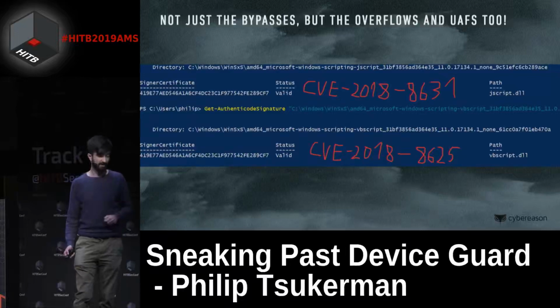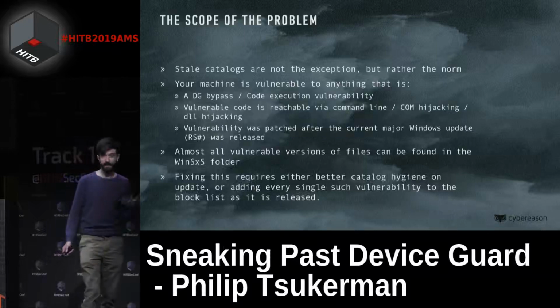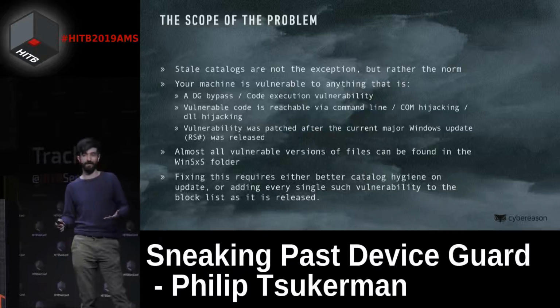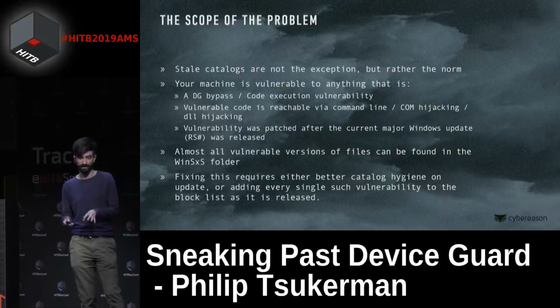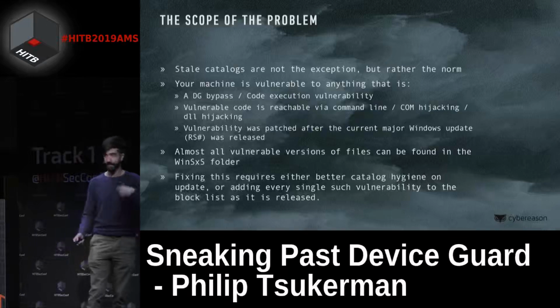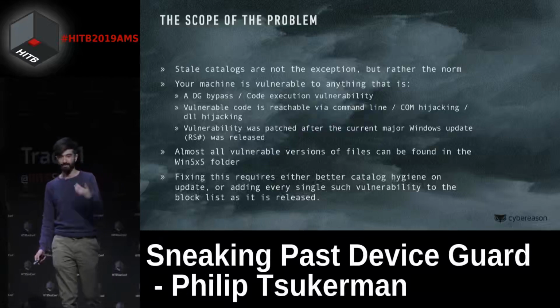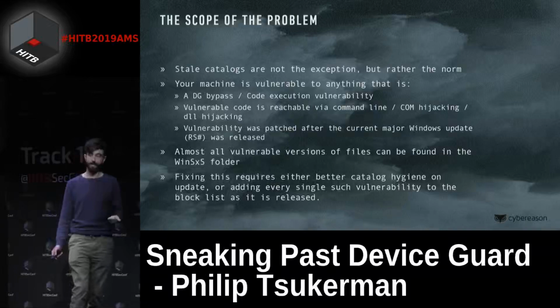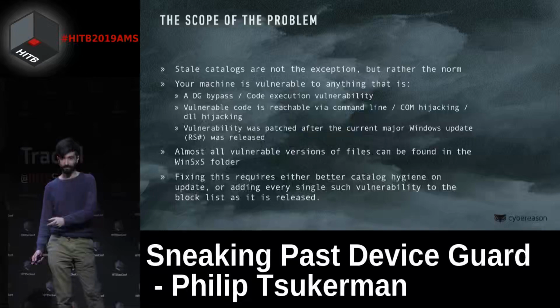Now, what's the scope of this problem? Well, I first thought that catalog hygiene was something where sometimes mistakes happen and updates don't have good catalog hygiene. But I think that catalog hygiene as a concept does not really exist. So this means that every time that you patch a vulnerability, at least between major Windows 10 RS releases, you still have the catalog and actually the old vulnerable file still on your machine.